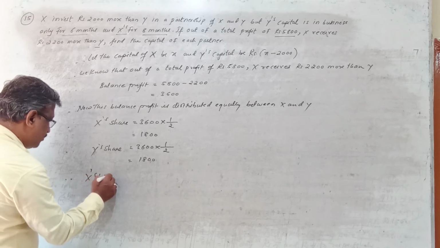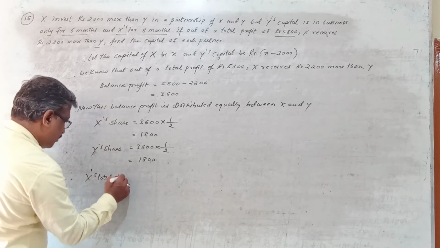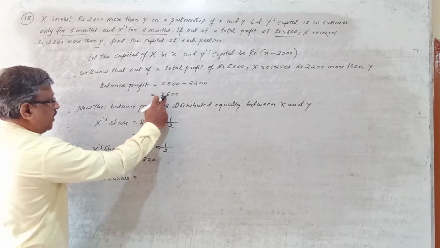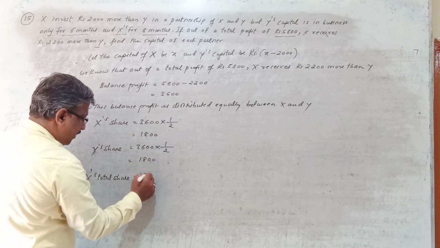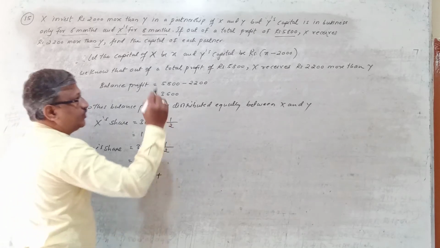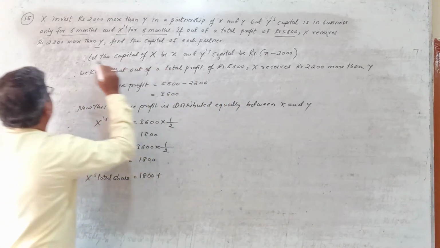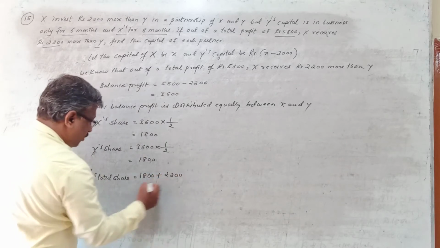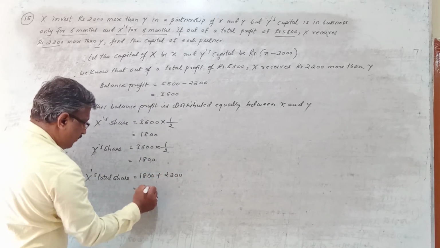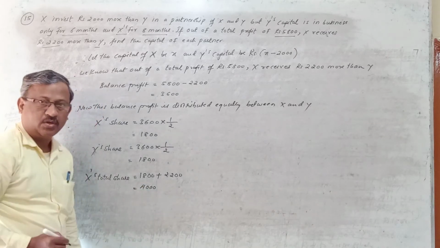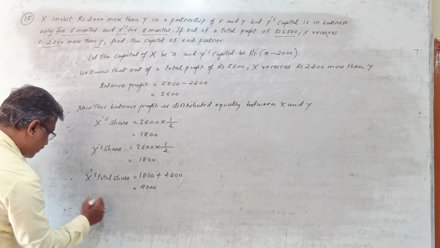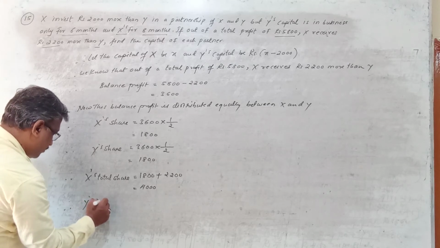X's total share is equal to, out of this balance profit, X will get 1,800 and whatever excess share he is getting, how much is it? 2,200. So that also you have to add in X's share. Means in all he will get rupees 4,000.